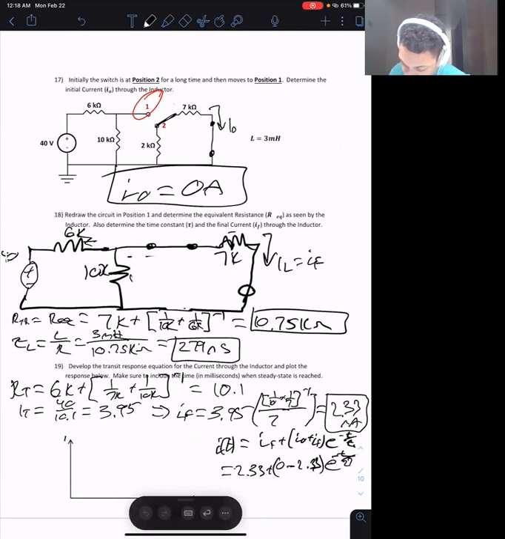And there you go. Just written out a little neater. 2.33 minus 2.33 e to the negative t over 279 nanoseconds.